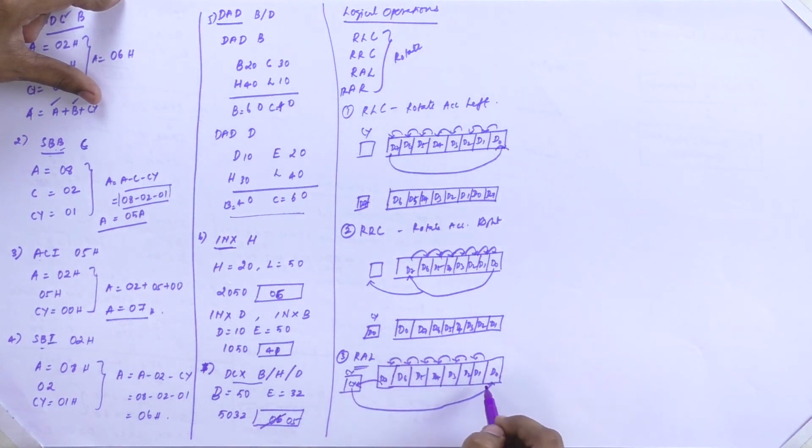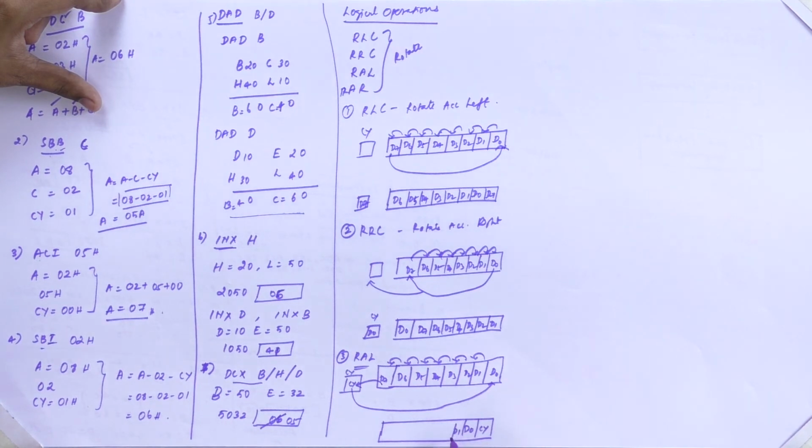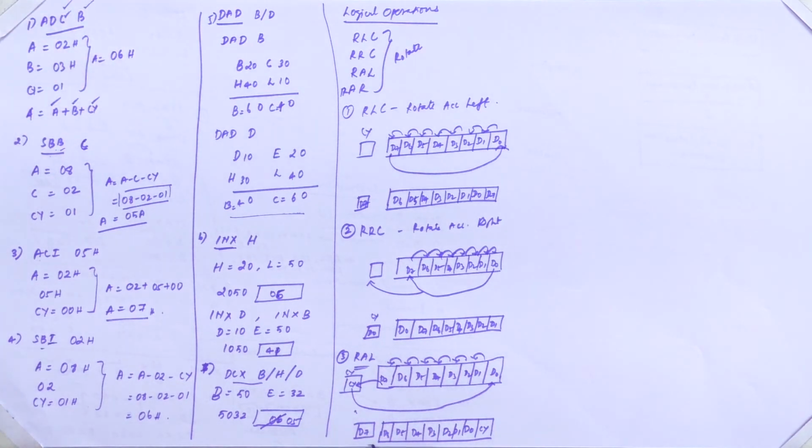So after execution, the position of the bits will be: here carry flag and here D0, D1, D2, D3, D4, D5 and D6, and in the carry flag D7 will be placed. So this is the position of the bits after execution of this instruction RAL, rotate accumulator left through carry.